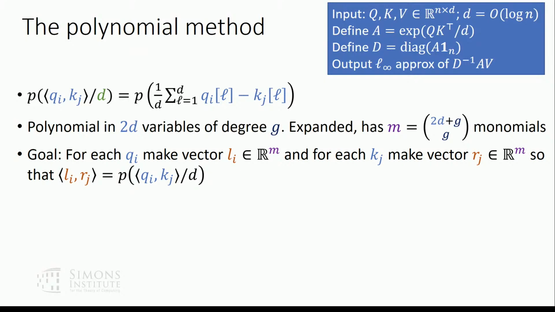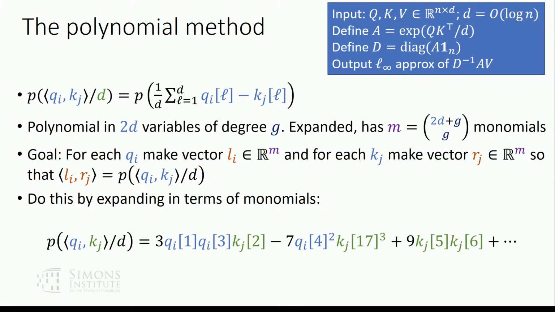Okay, so remember our goal is we want to make these L and R matrices. So for each Qi, we want to make a vector Li of length m, and for each Kj, we want to make a vector Rj of length m, so that the inner product of Li and Rj should equal the polynomial evaluated at the inner product of Qi and Kj. And we'll do this by just expanding out this polynomial in terms of its monomials. So here's an example where I've expanded a polynomial in terms of some monomials.